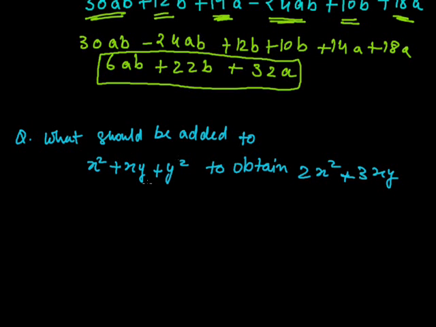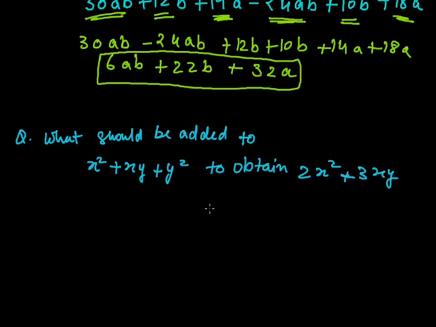Now we have to add something to this term to get this. That is, we have added this to get this. So what we are going to do, we are going to subtract this term from this. So we will get the term which should be added to x square plus xy plus y square.